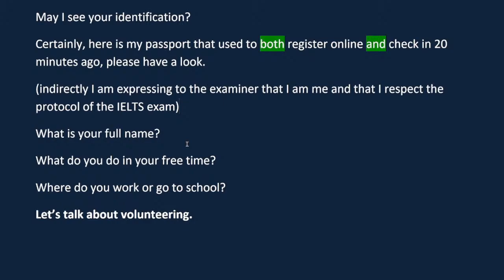Okay, so in this case, when I say certainly, here's my passport that I used to both register online and check in 20 minutes ago, please have a look. Indirectly, I'm basically telling the IELTS examiner that I'm familiar with IELTS, so I familiarized myself with IELTS.